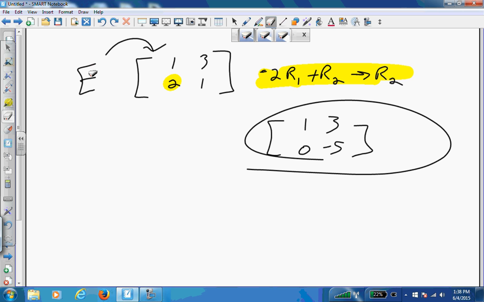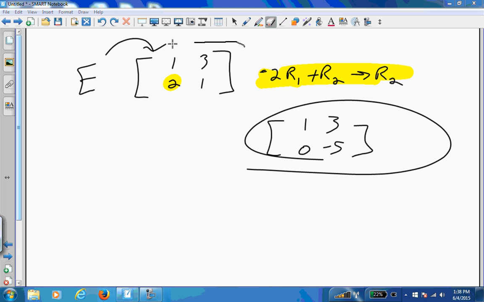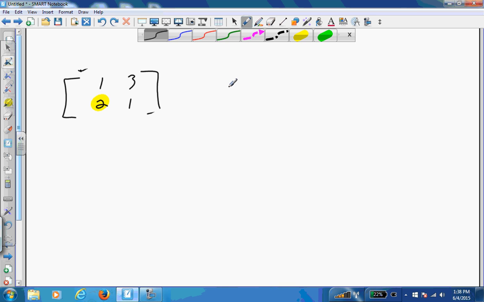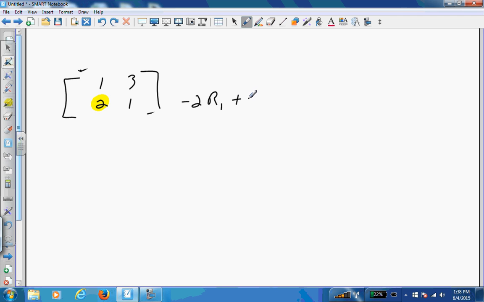Notice also that I wrote the elementary matrix in front and not on the end. We'll illustrate why that's the case in a minute, but let's copy this matrix over. If we're wanting to do -2 times the first row plus the second row to get our new second row, let's see what elementary matrix is represented by that.